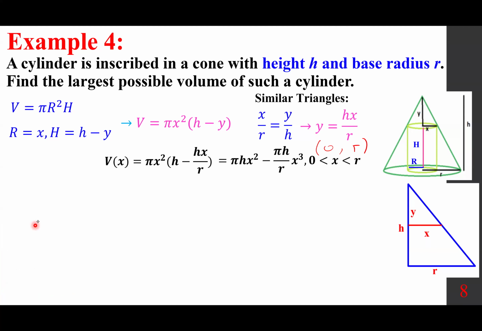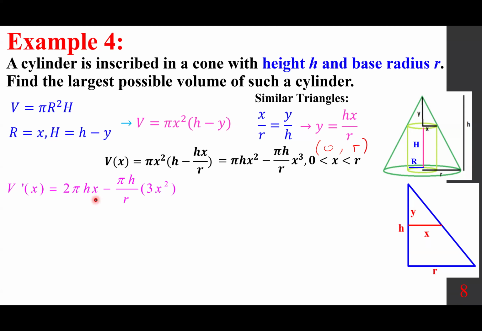All right, so find critical points. How do we do that? V prime. So to find V prime, we go here and say pi h times 2x, so 2 pi hx, minus pi h over r times 3x squared, or minus 3 pi h over r x squared. I hope everybody's okay with this simple differentiation. And now I notice that pi and h and x, I can factor it.